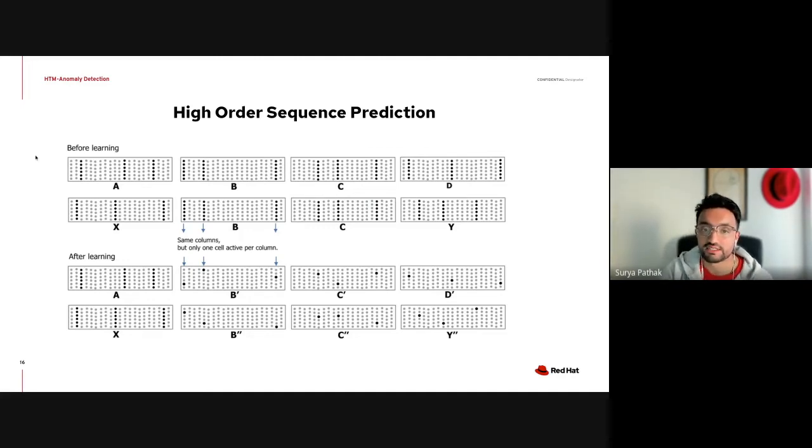We have this first case before learning, where I apply some feed forward inputs like A, and this is the sparse distributed representation of A. B, this is the sparse distributed representation of B, C, D. Then again, I train another series of values like X, B, C, Y. Now, once the algorithm learns the series A, B, C, D, then X, B, C, Y, once I input A, what should the algorithm do? The algorithm should predict B, right?